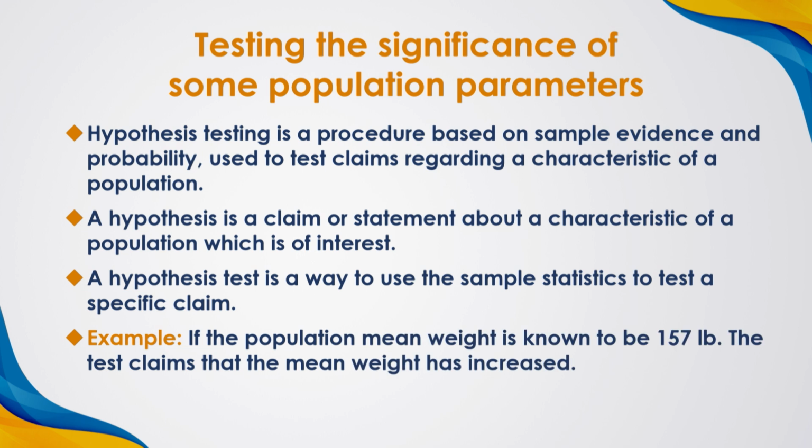For example, if the population mean weight is known to be 157 pounds, then the test claims that the mean weight has increased. Now let us discuss the test statistic for significance of a single mean when the sample size is small.